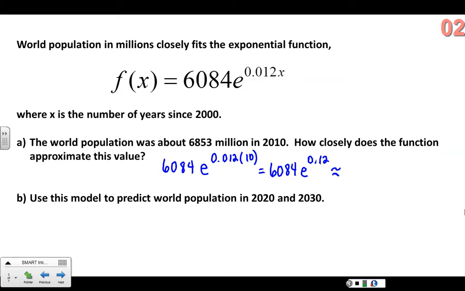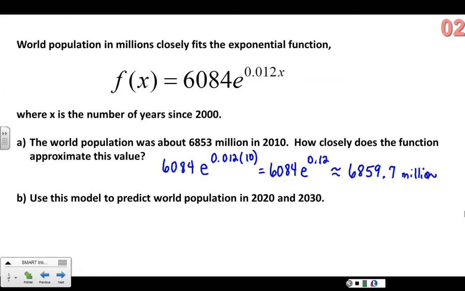Now that's going to approximate on my calculator. So I'm going to multiply 6,084 times, I will put 0.12 second function ln equals, and I get 6,859.7 million.